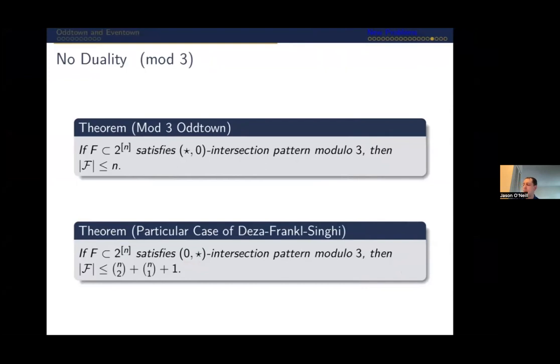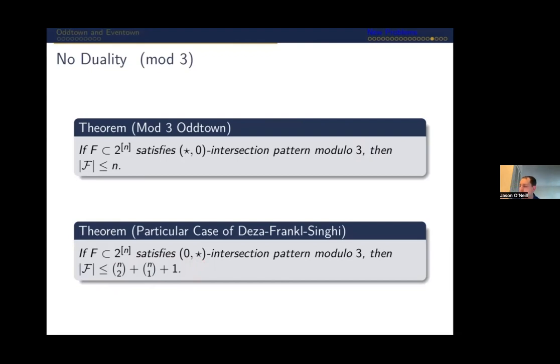And there, the upper bound is something that's quadratic in n. And in fact, you can take the 3-uniform star, and the 3-uniform star is going to have sets that are size 3, which is 0 mod 3. And the pairwise intersections have to be size 1 or 2. And that will give you a lower bound of n minus 1 choose 2. So unlike in the mod 2 case, there's no duality.